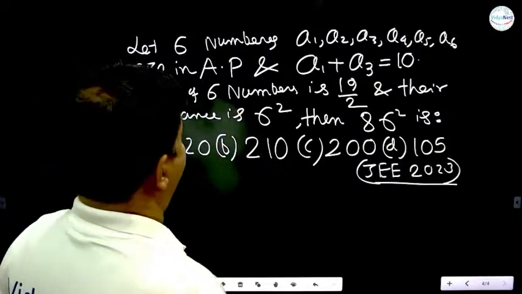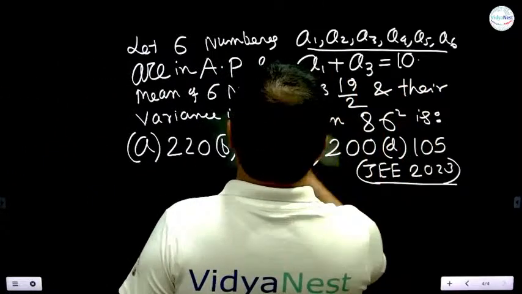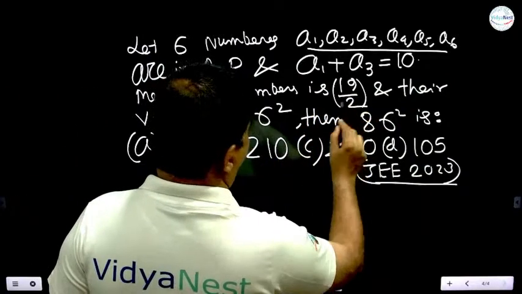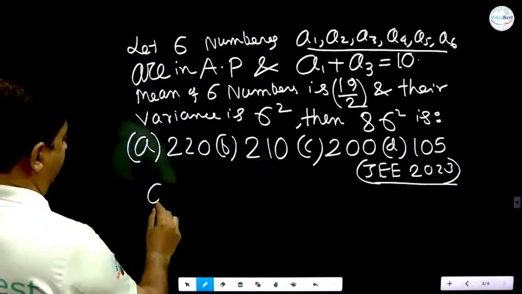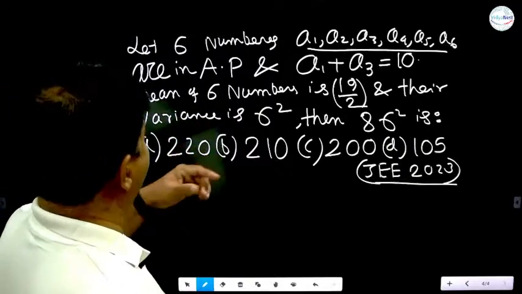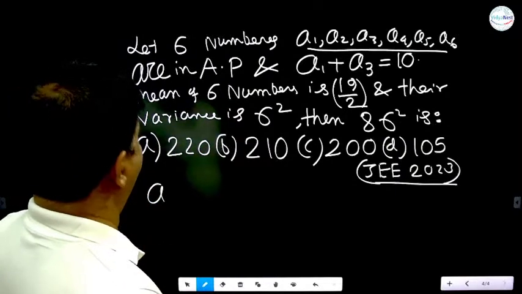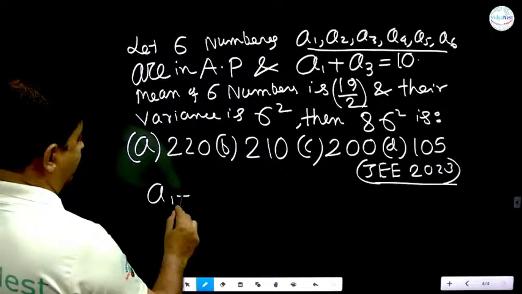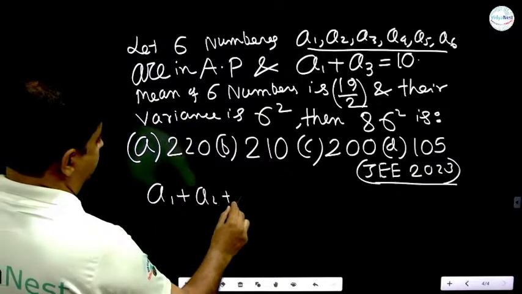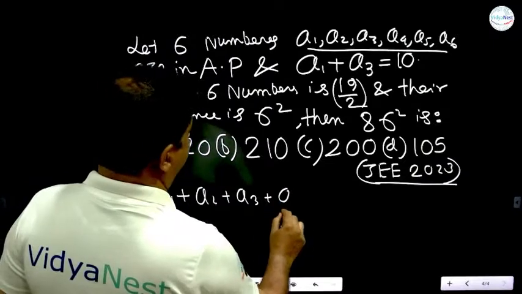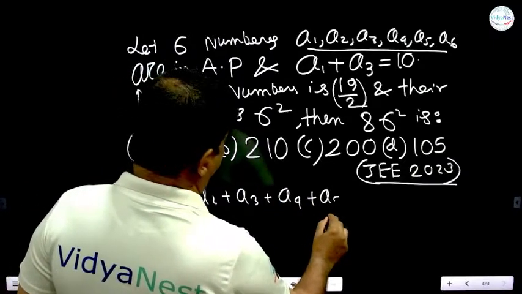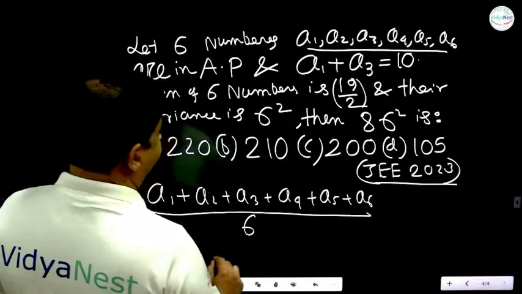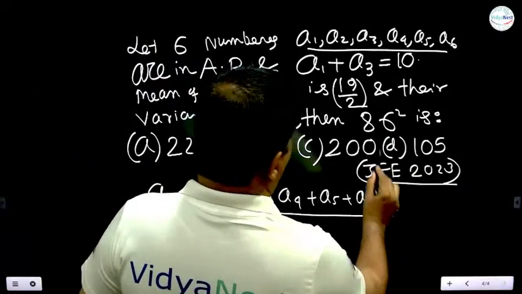ठीक है. So यहाँ पे बोला कि 6 नंबर है, उसका अरिथमेटिक मीन बोल दिया 19/2, and their variance भी बोल दिया sigma square. See, first of all, what is given? Let us discuss. Sum by 6, that is given 19/2.